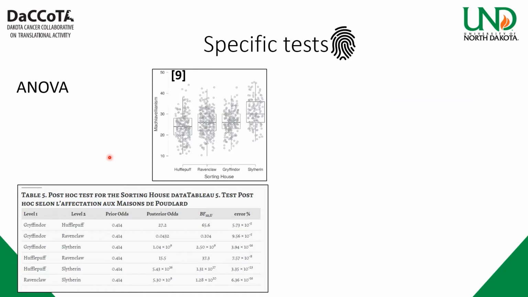But what you can do is sort of compare every house to each other and you have prior odds and then your posterior odds, and you get something like, say, this is a Bayes factor, and we can see here, unsurprisingly, that it looks like there's a pretty strong difference between Gryffindor and Hufflepuff, Gryffindor and Slytherin, Hufflepuff and everything else, but it doesn't look like Gryffindor or Ravenclaw are any different.